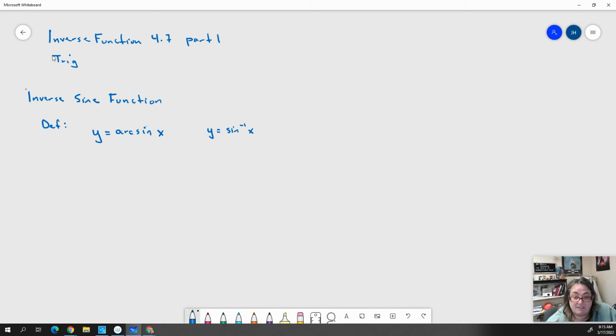But what it means is it says the inverse sine function is defined by y equals arc sine of x if and only if.